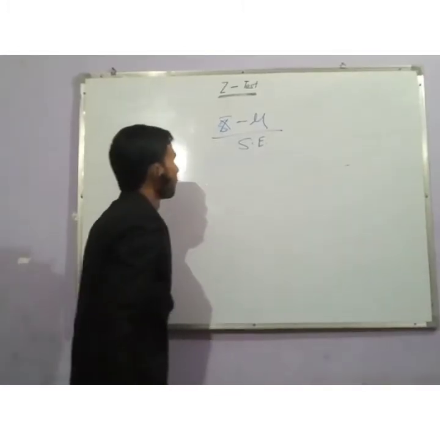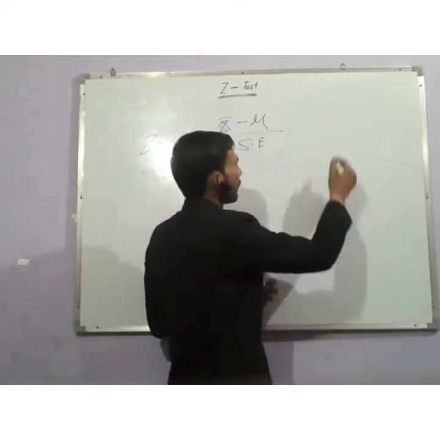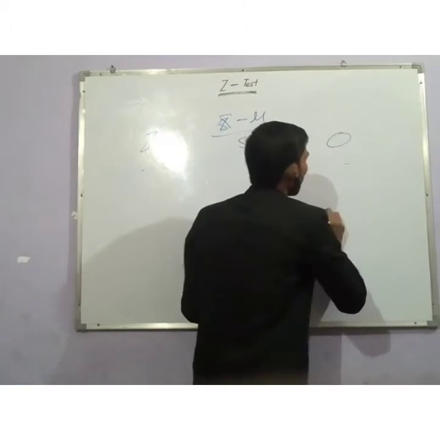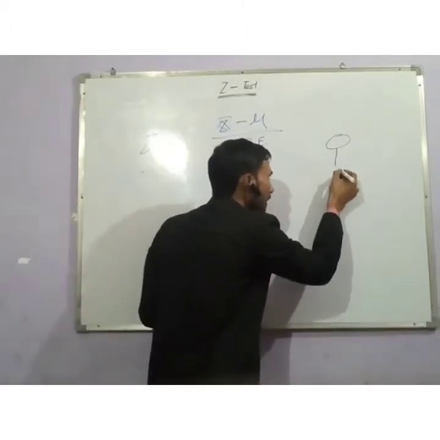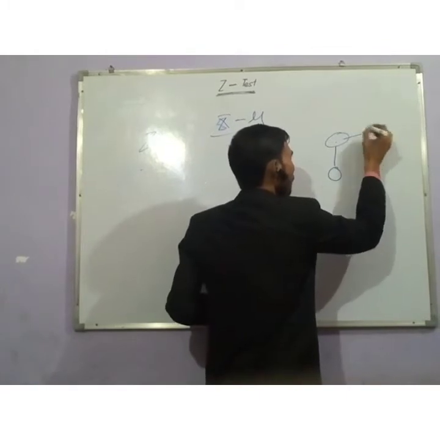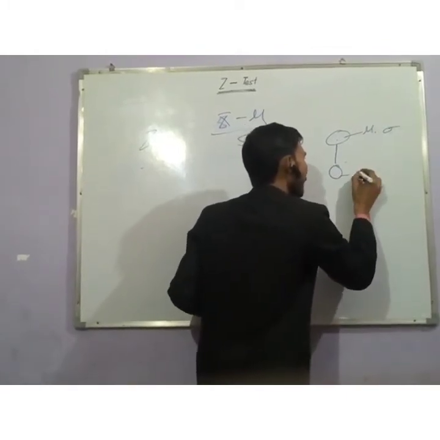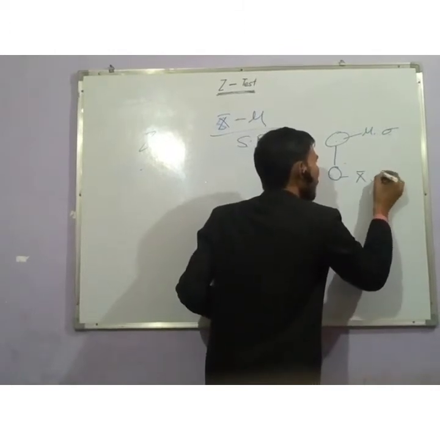In the Z test there are two conditions. Suppose this is the population. If we draw one sample from this population, here the parameters are mu, sigma, etc., and the statistics are x bar and s.